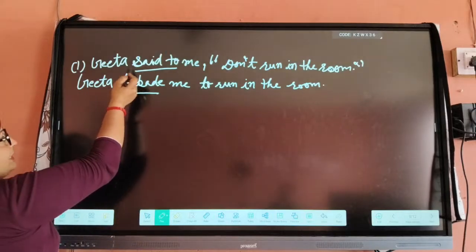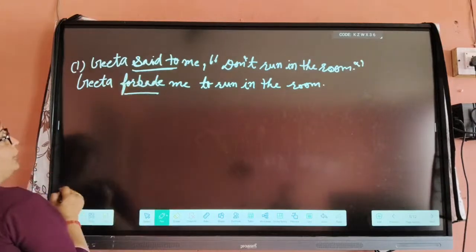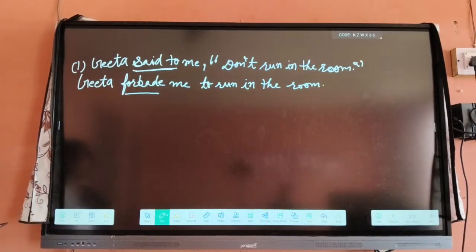And if we change this "said to" into "prohibited" or "prevented", then how will we change this sentence?